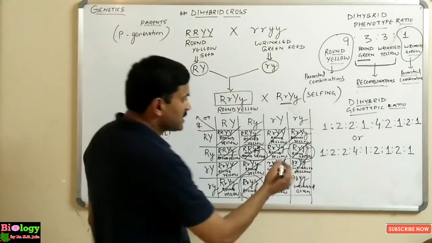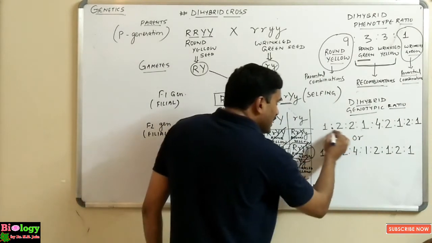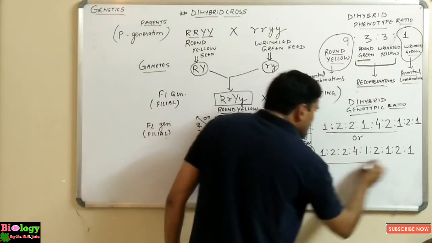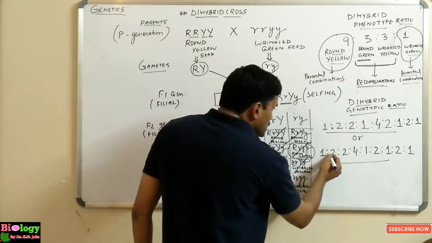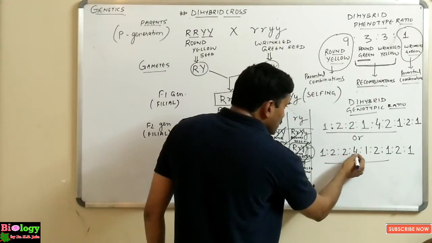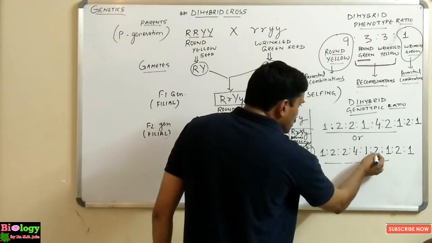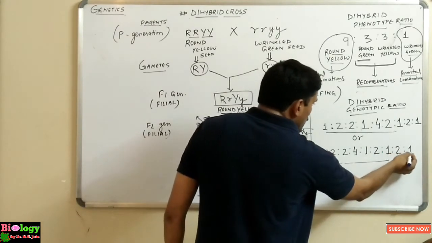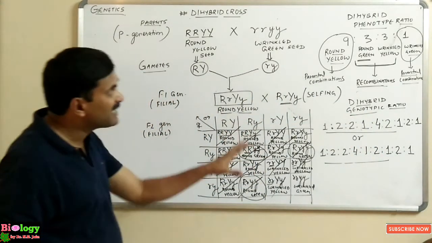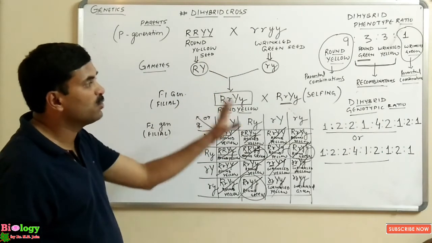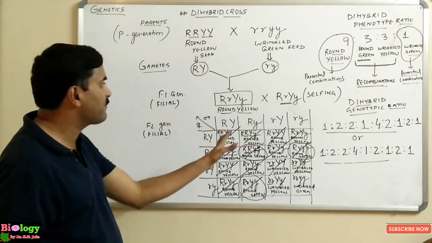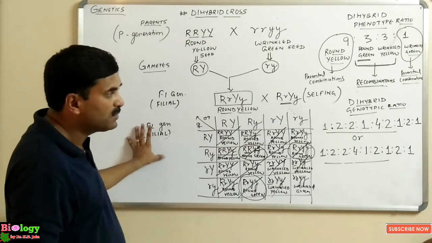Now see, I have rearranged. You can write this also: 1:2, 2:2, 2:2, 4:2, 1:2, 2:1, 2:2, 1. Okay, so this is the dihybrid genotypic ratio we have got in the F2 generation.